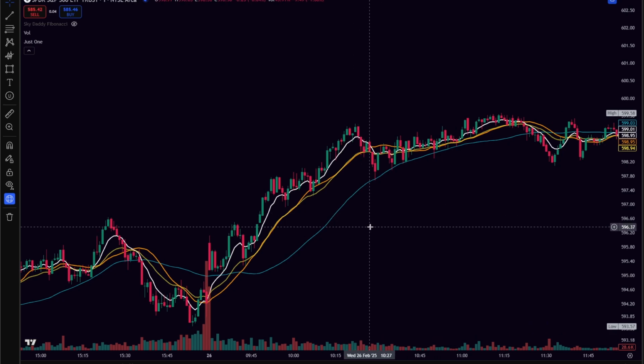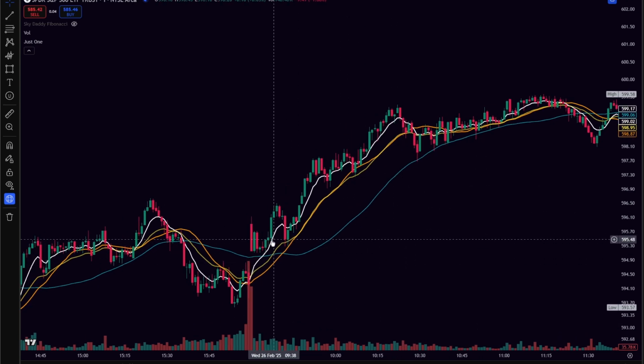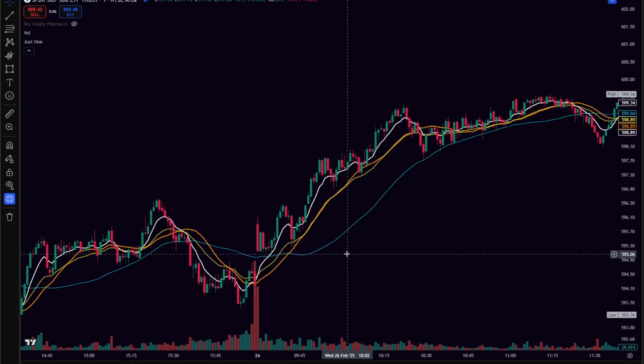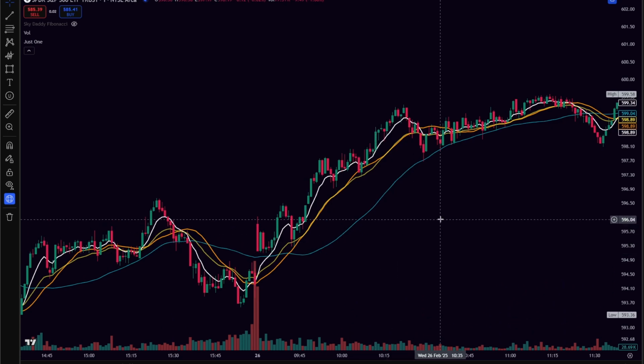So when you have these entries and you see these quick pullbacks, it's nice using the EMAs and the moving averages and the direction that they're pointing in the display to determine whether it's a fake out or if it's actually going to get broken down, going the opposite way.